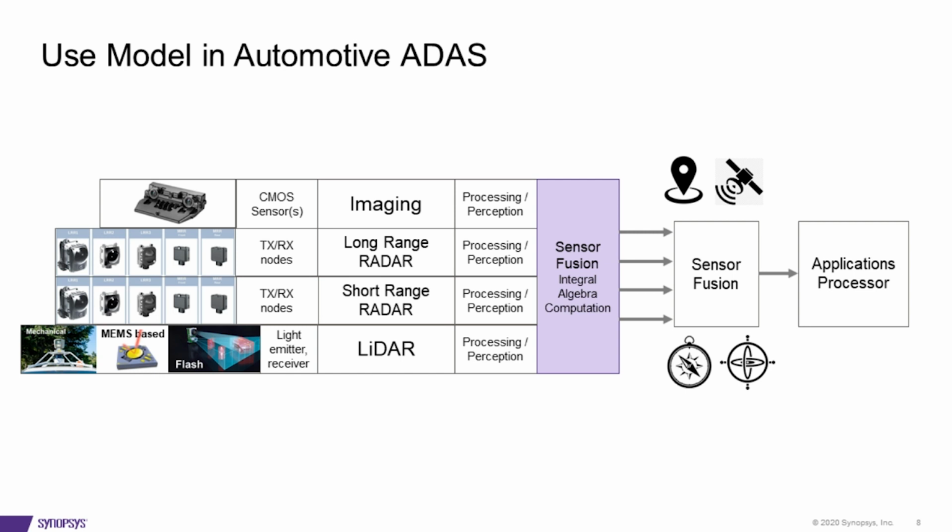And so if you look at that use model, you can break it down into these four technologies that come together to create the overall system that the vehicle will provide. The imaging part still is very important, so having cameras, basically CMOS-based camera sensors that will visually detect if objects are there for the driver to identify. That's still an important part of the ADAS system. Then you have LiDAR that I talked about being light-based.